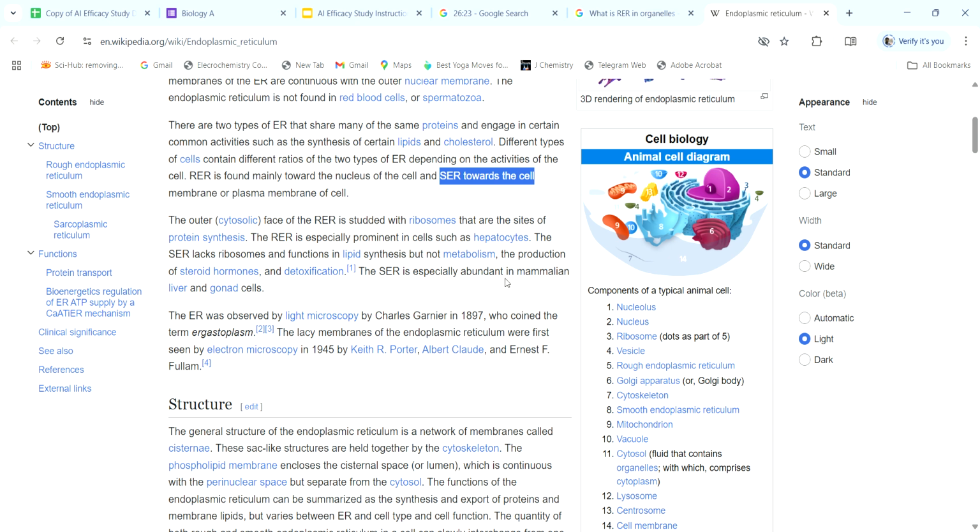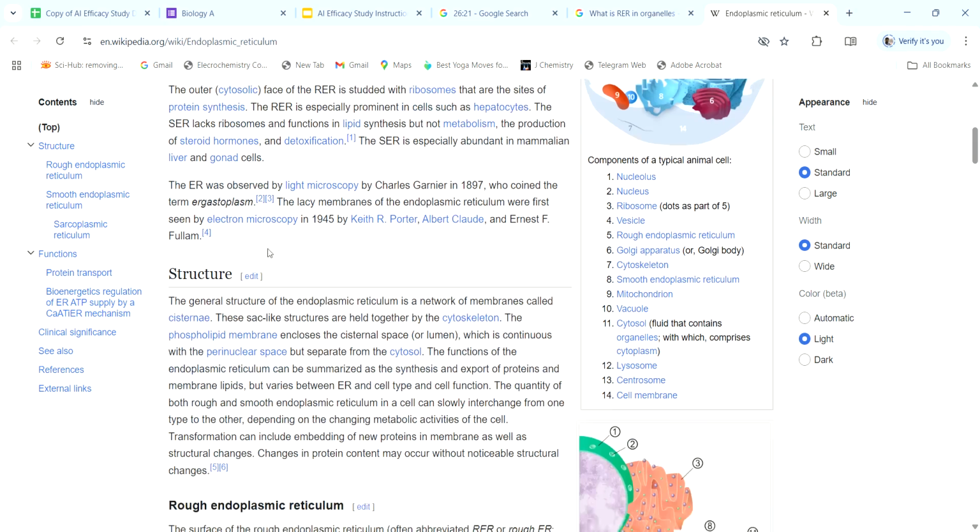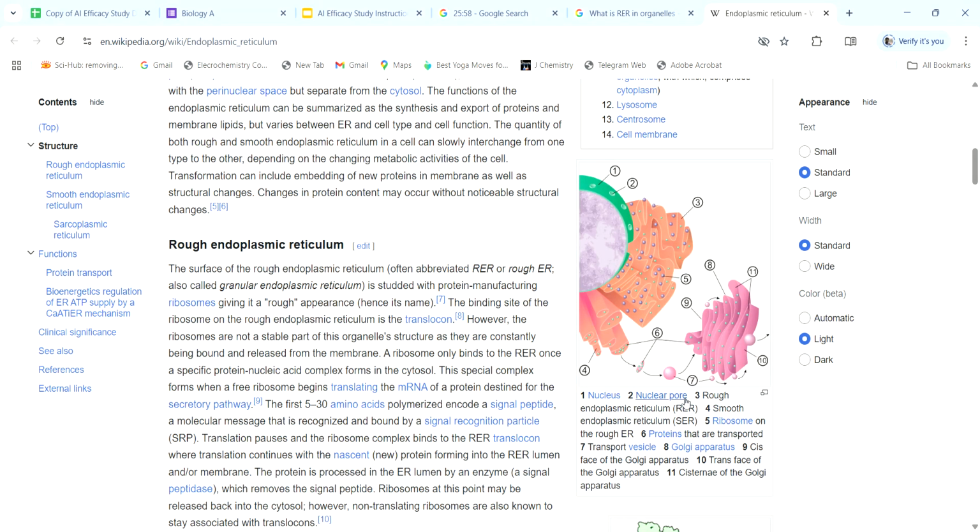The ER was observed by light microscopy by Charles Garnier in 1897, who coined the term ergastoplasm. The lacy membranes of the endoplasmic reticulum were first seen by electron microscopy by Porter, Albert Claude, and Fullam. Sorry. So this is actually the rough endoplasmic reticulum, and this is the smooth part. Okay.